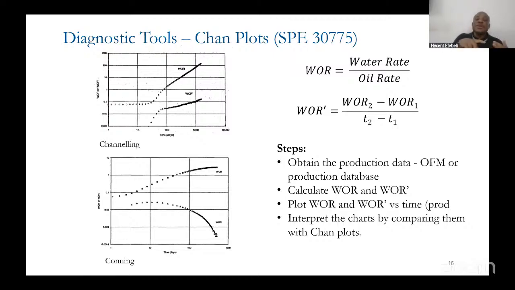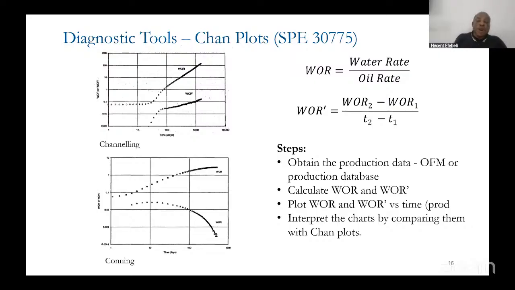Then you do the derivative of that water oil ratio. That is the water oil ratio of this period minus the water oil ratio of the previous period, divided by this time minus the previous time in days.